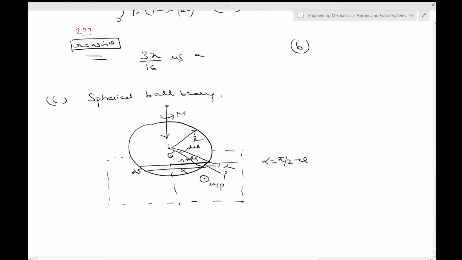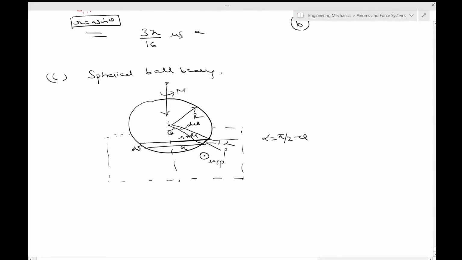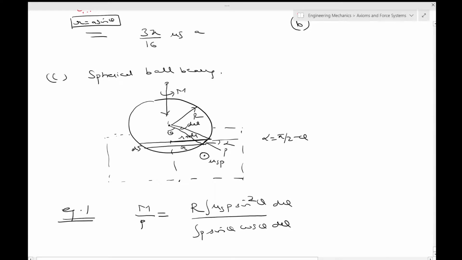Okay, so pull out equation 1 which was general. M by P is equal to R mu s P sine square theta d theta over P sine theta cos theta d theta.